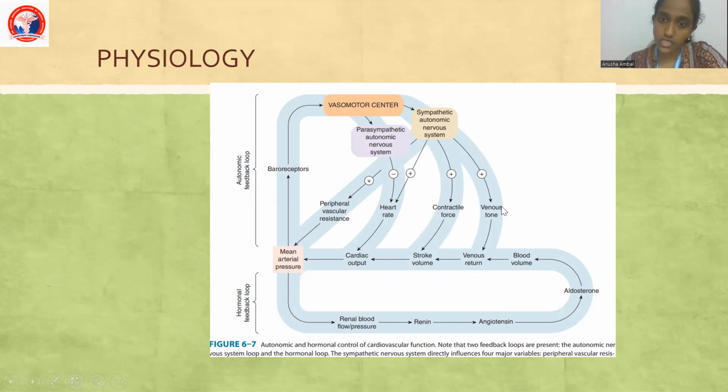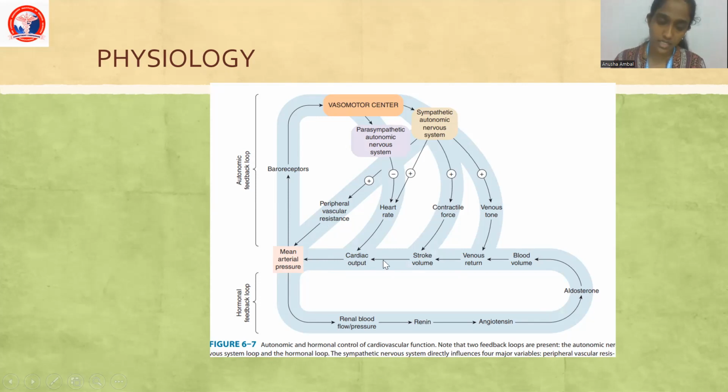Whenever the venous tone is increased, venous return increases, so heart contractility and stroke volume increase. When heart rate increases, cardiac output will increase, because cardiac output is the product of heart rate and stroke volume. When peripheral vascular resistance increases, it directly means the mean arterial pressure is on an increasing trend. So all these factors will increase the mean arterial pressure.